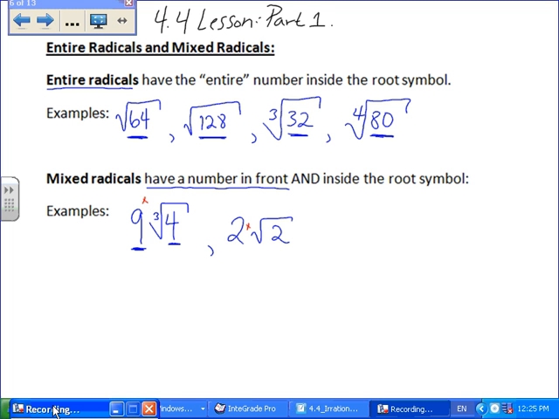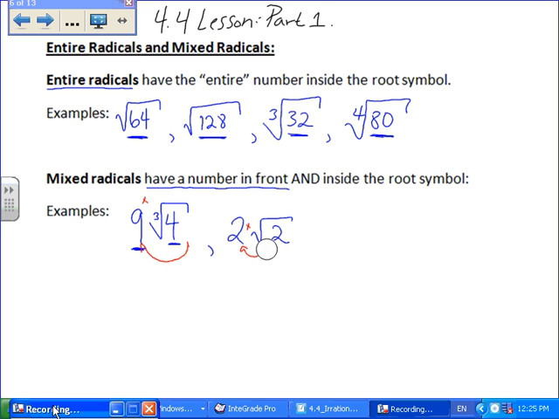But what we've actually done is we've taken out a number that was inside the radical symbol, and we've moved it out to be out front because it was a perfect square. Or in this case, maybe the number 9 cubed was inside. It's a perfect cube, so we've taken it out.